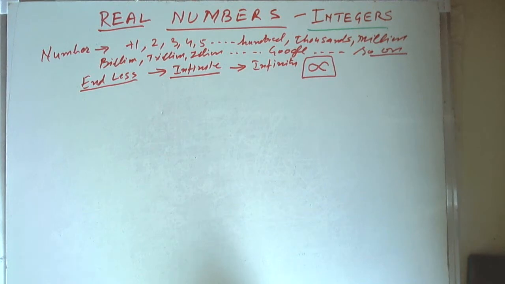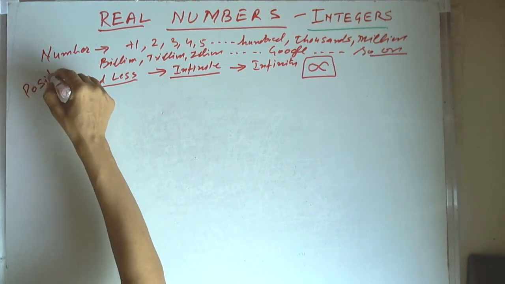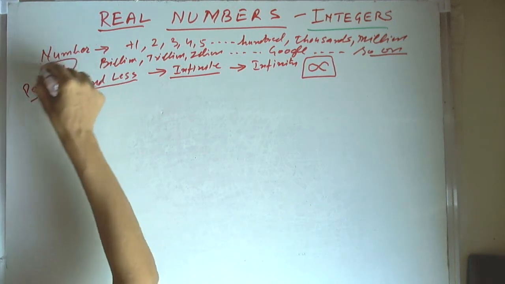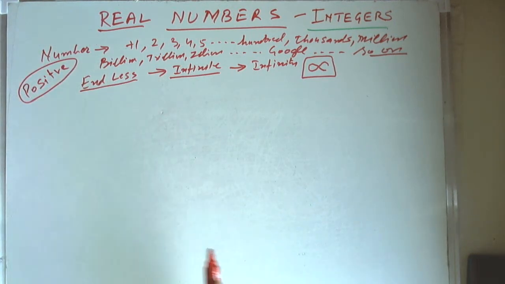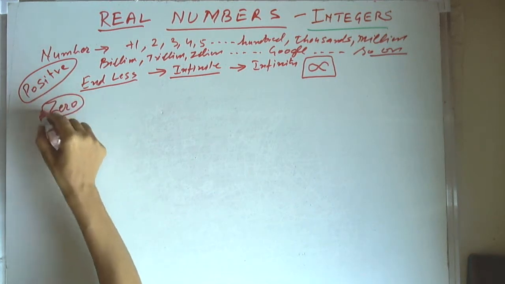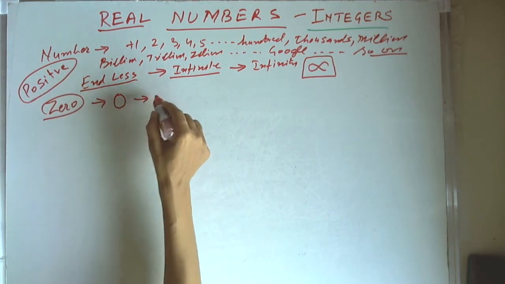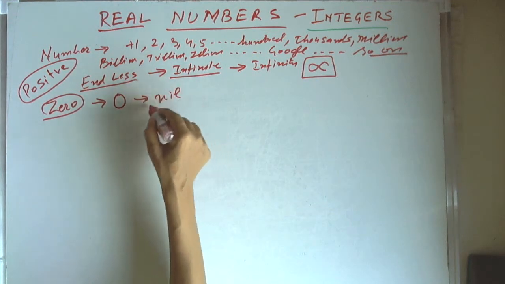Now we have these numbers, and these numbers are called positive numbers. Then we have 0. 0 is written like this, and this means nothing, nil.